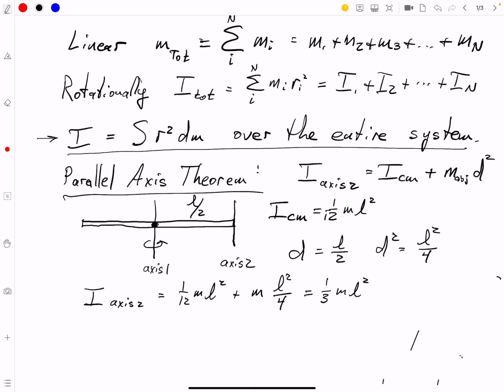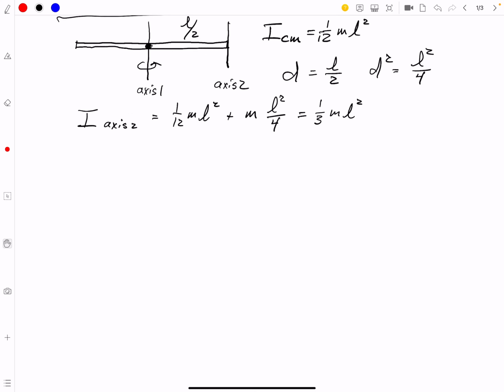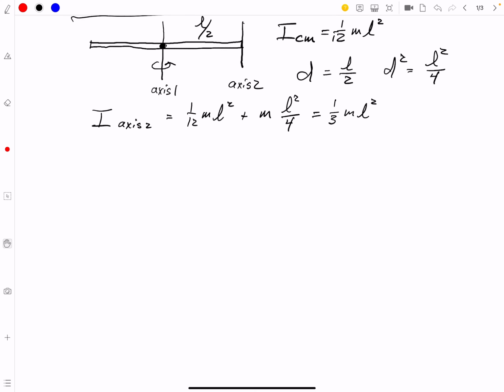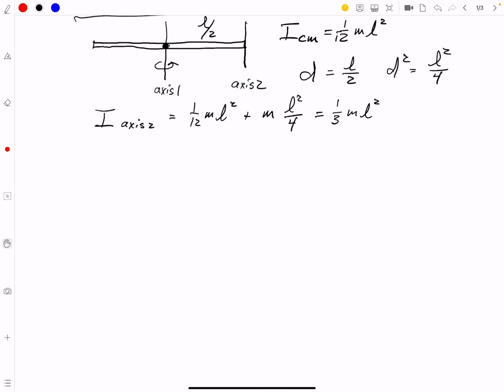And you can verify that in the book with the table where all the axes are.